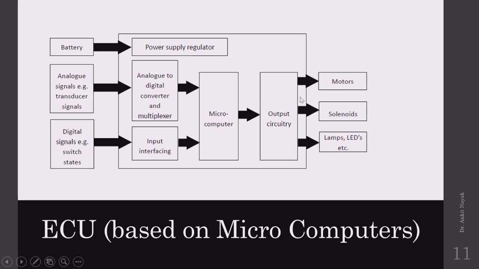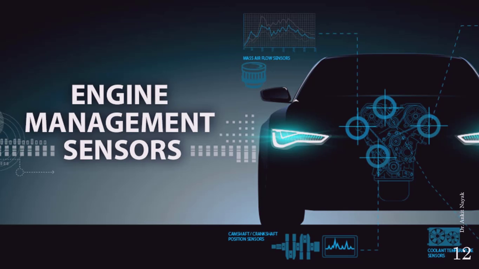These parameters we basically require to supply to the different control units, or we can say the different parts of the engine which are associated with the engine efficiency. So these signals we have to supply through the output circuit, like to the motor, solenoid valve, LED and lamps of your vehicle. Then the next thing is the engine management sensors.